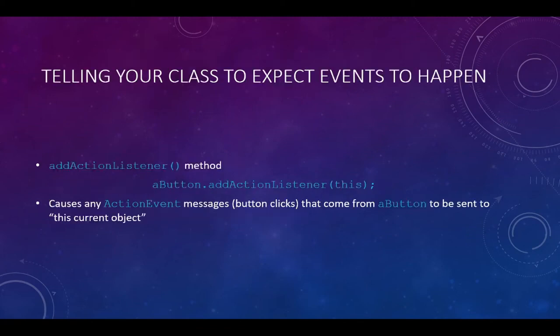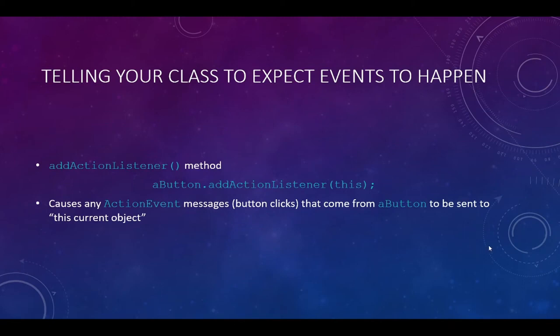Telling your class to expect events to happen, you have to add that ActionListener to the component you want to listen to. There is a method called addActionListener, and in any component, say a button, you do button.addActionListener(this).